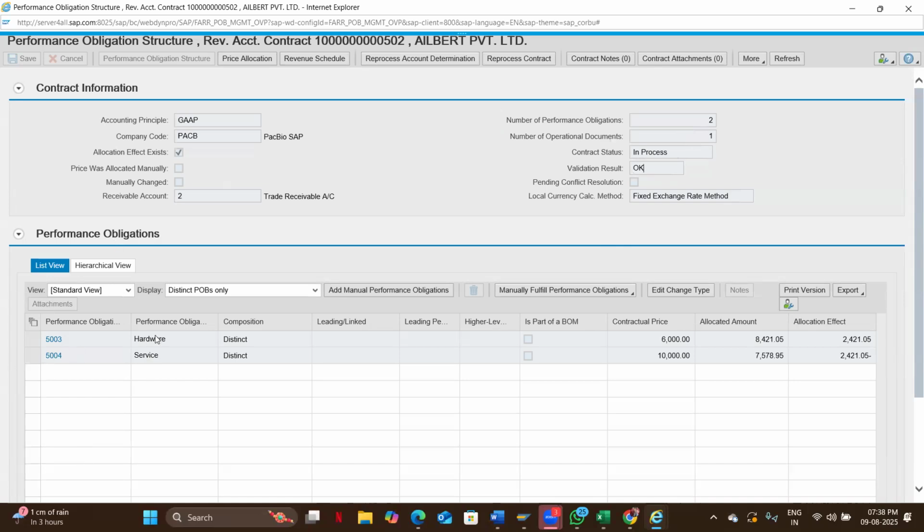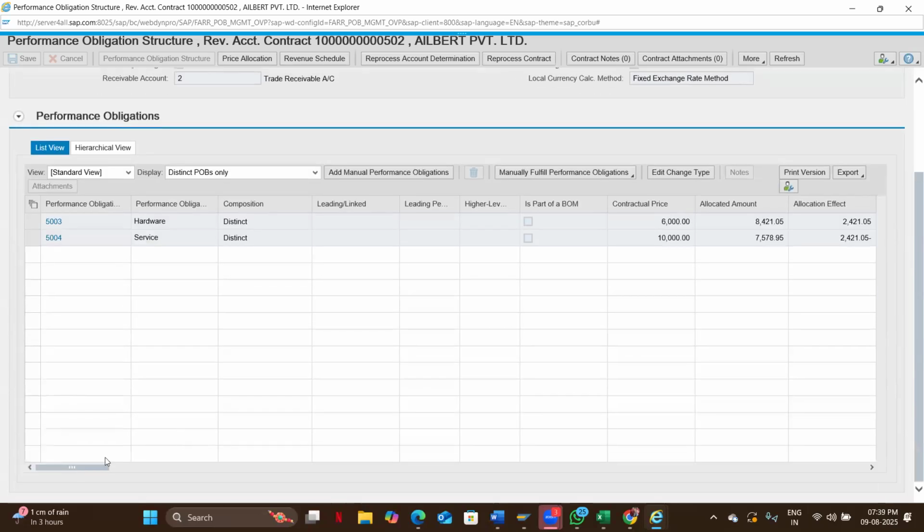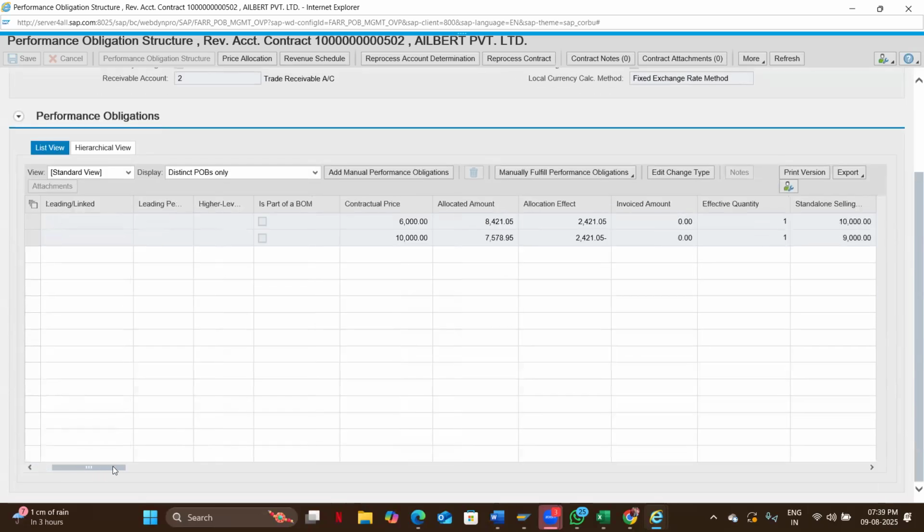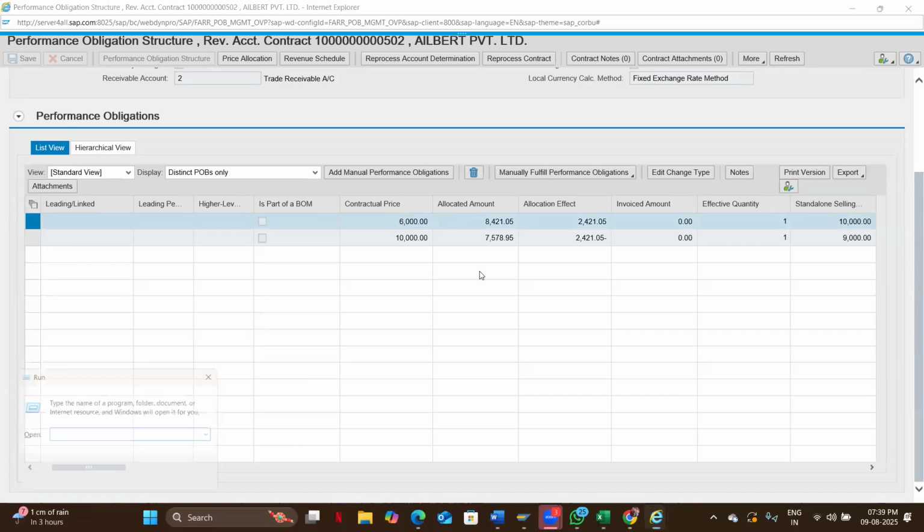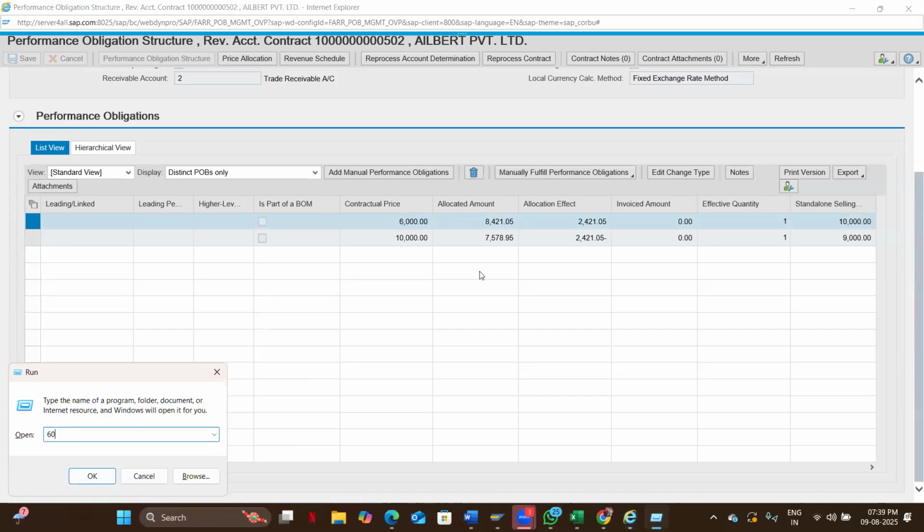Here you can see the contractual price and the SSP price. SSP, where can you see it? Yeah, this is the SSP. You can calculate: first is 6,000 and 10,000.